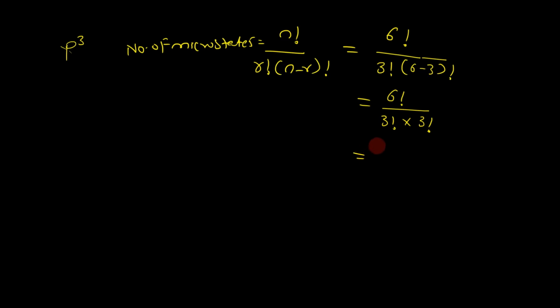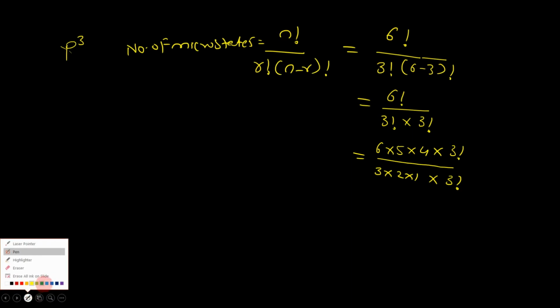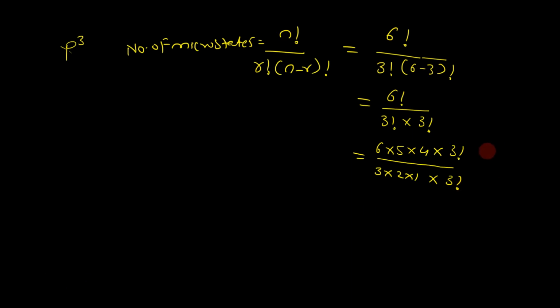When we solve, this 6 factorial we can write as 6 into 5 into 4 into 3 factorial, divided by 3 into 2 into 1, that is into 3 factorial. So we can cancel this 3 factorial.